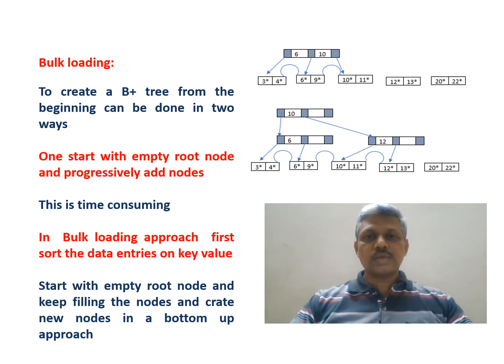So 12 becomes the right node of 10, and like this we keep on loading the values until all the data pages are entered. We keep on adding the nodes. Once a node is filled, we increase the level of the tree. We keep on doing this until all the data is loaded.